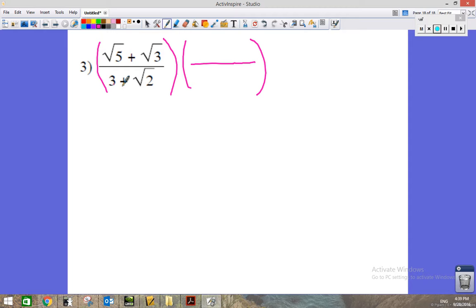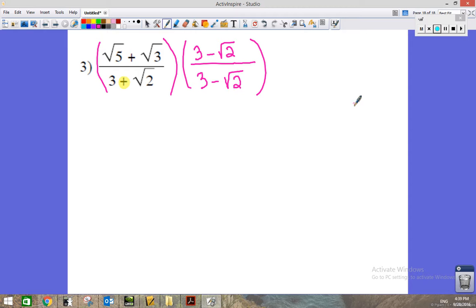The conjugate of a binomial comes in and looks at your operation and does the opposite. So instead of addition, we have subtraction. Everything else is the same. Now, if we need this fraction to be the number 1, the denominator and the numerator have to be the same.